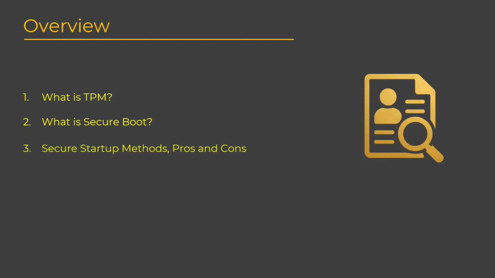And after that, we're going to get into the main part of the important information that we need to know all about TPM and the startup options: the secure startup methods, the boot options, the pros and the cons. And we'll spend a bit of time on that. Then finally, we'll get into a bit of demos with BitLocker using TPM. All right, let's jump right into it.